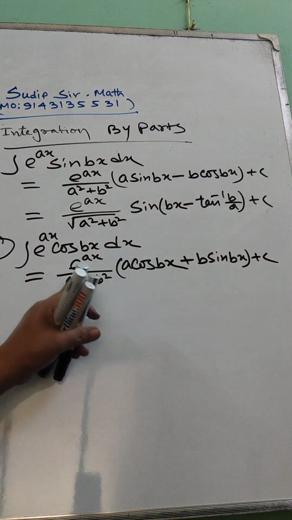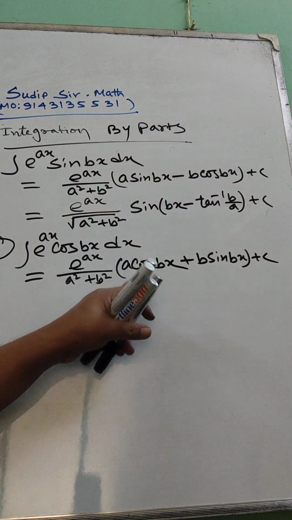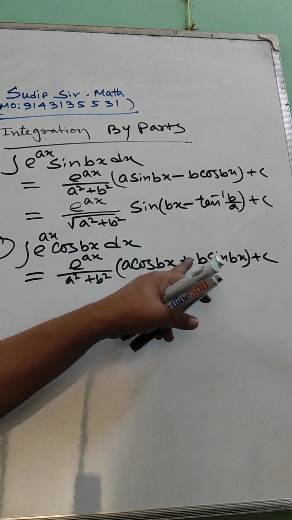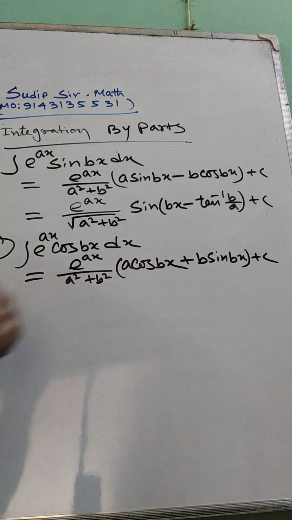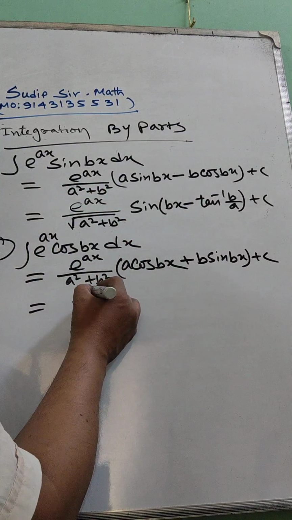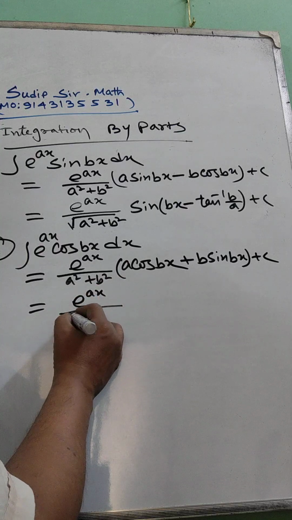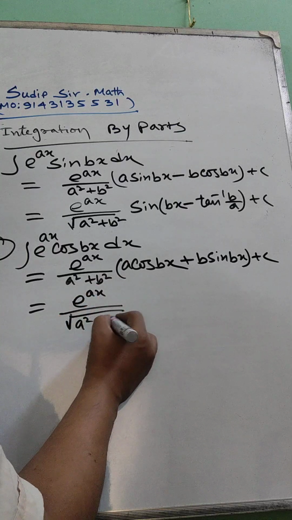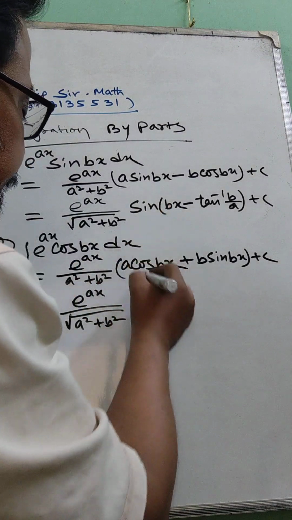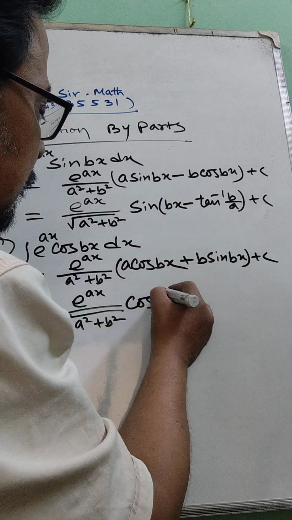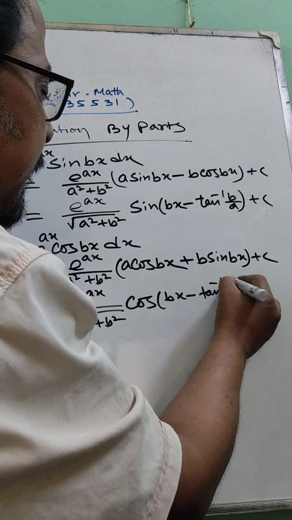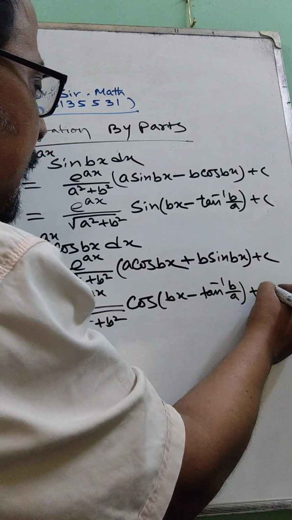Or like this, e to the power ax by root over of a square plus b square, same type, cos(bx minus tan inverse b by a) plus c.